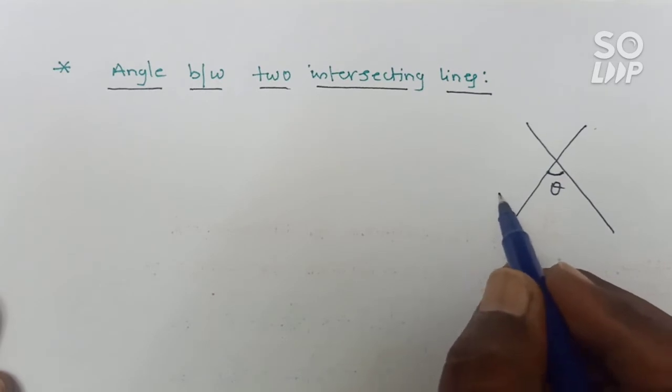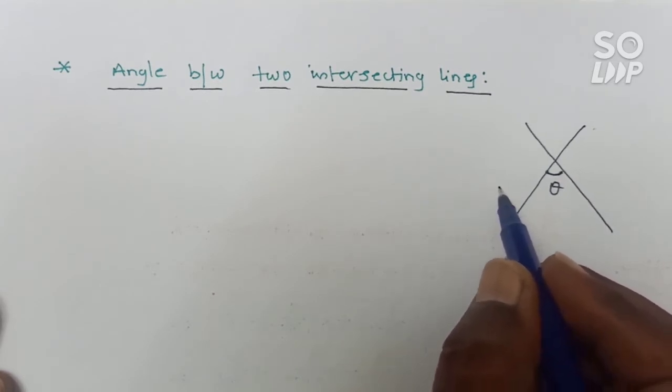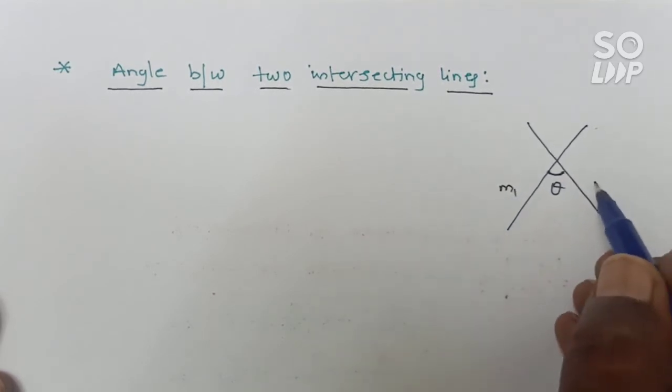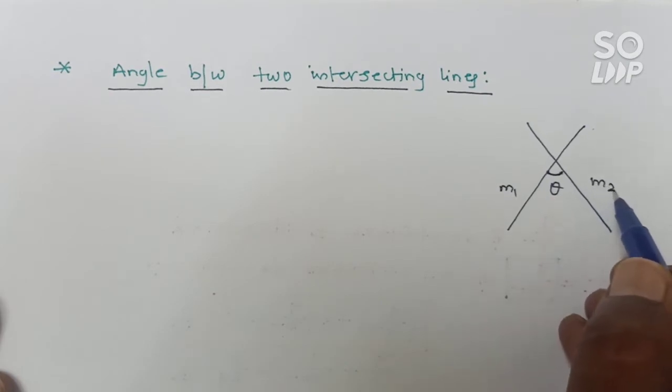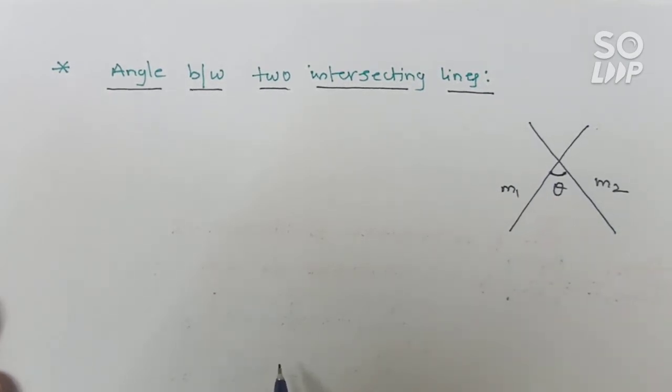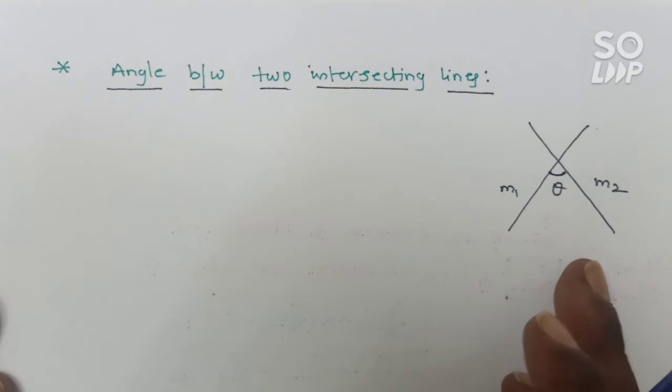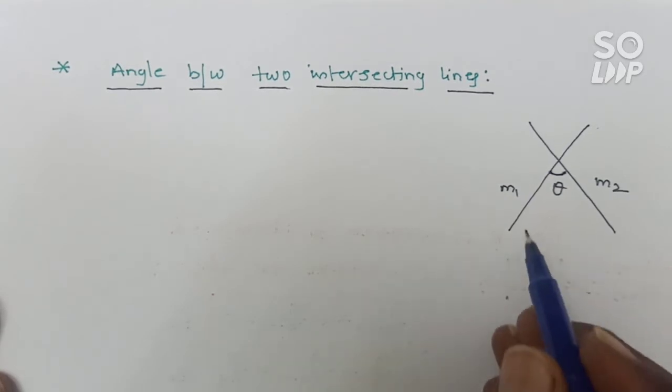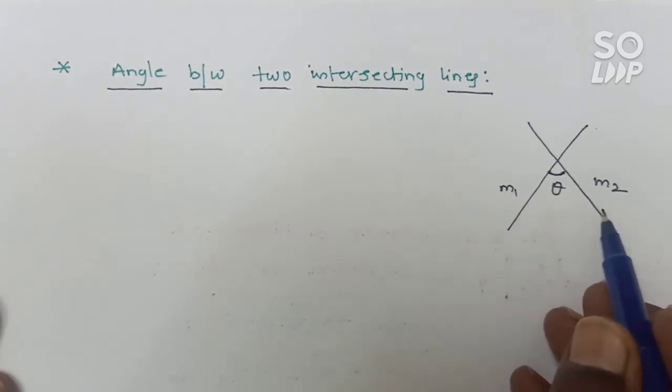Now take the slope of one line as m1 and the slope of the other line as m2. We already know that slopes are represented by m, and here we are taking two different lines.